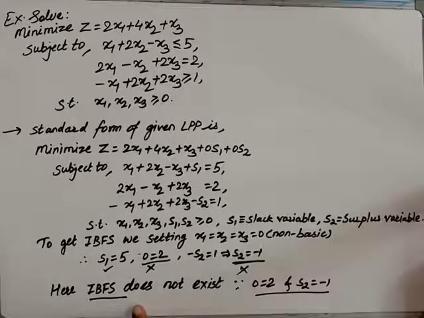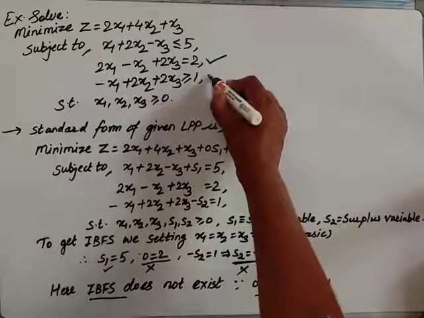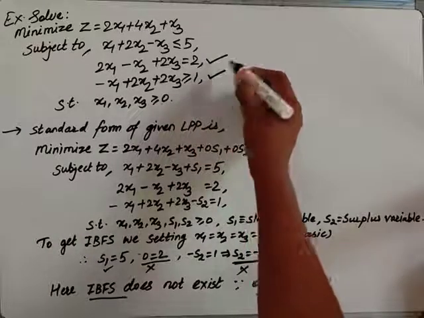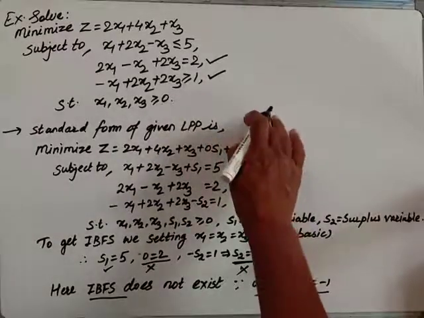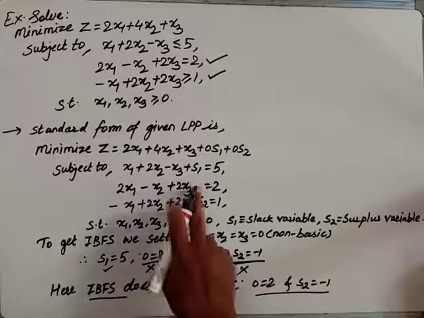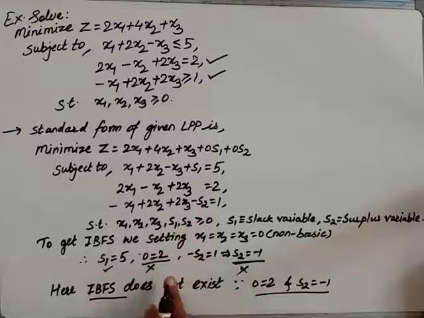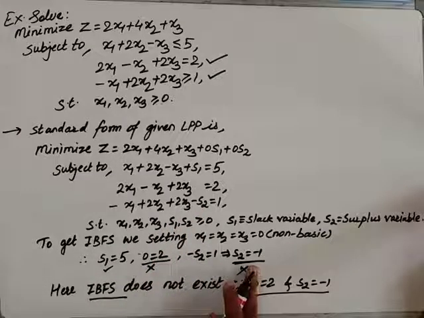Now here we also know that if an equality constraint and a greater-equal constraint are there, then we need to add an artificial variable, so that this should be removed, meaning the initial basic feasible solution should exist.